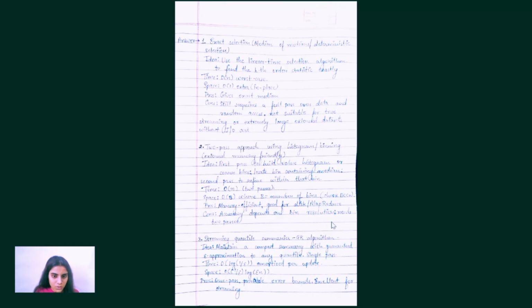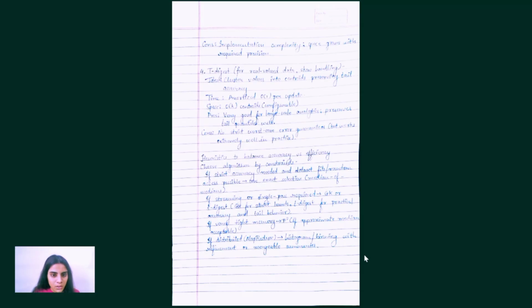Here the idea is to maintain a compact summary with guaranteed approximation to any quantile. Time complexity is order of log 1 by epsilon and space complexity is big O of 1 by epsilon log epsilon n. Fourth is T-digest for real valued data with skew handling. The idea is to cluster values into centroids preserving tail accuracy. You can see the time complexity here.